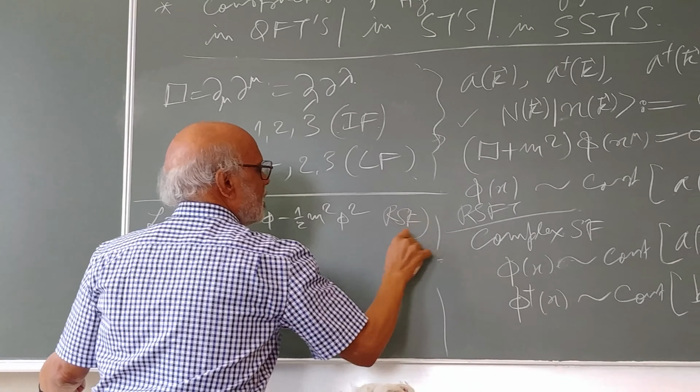So, in these two cases, here in the first case, for the real scalar field theory, the wave equation or the field equation is this, and for the complex scalar field theory, you have the same equation, D'Alembertian plus m squared phi equal to 0.